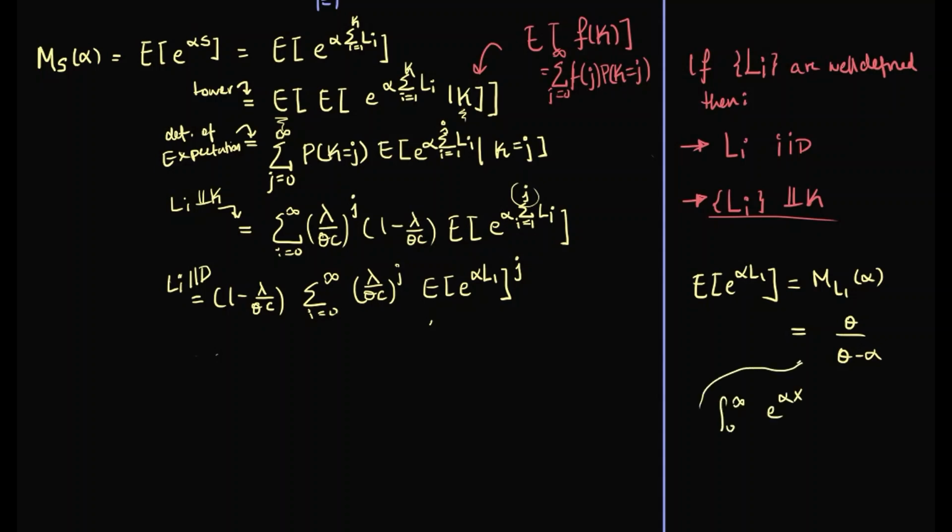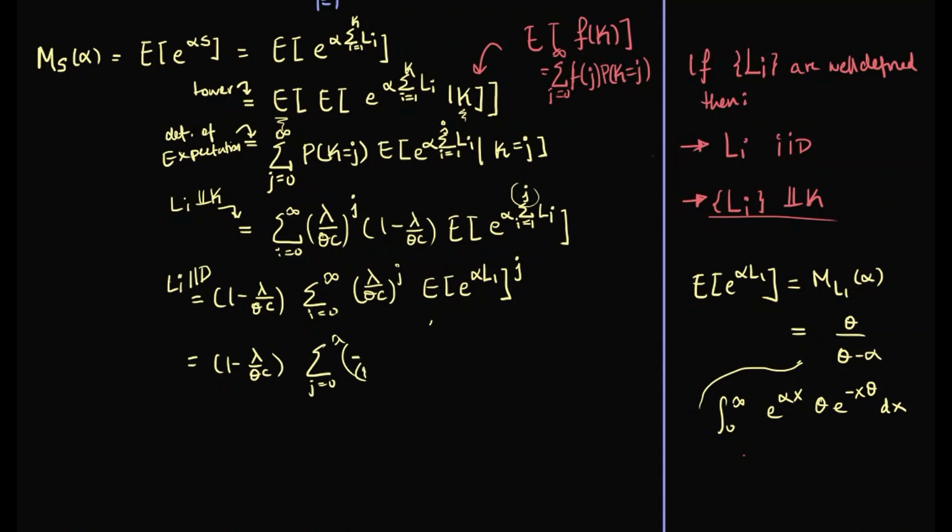If you don't have it memorized and you don't have access to Google, then you may calculate this moment generating function as the integral of e to the alpha x multiplied by the density of L1, which is given as such. Now that we have an expression for the moment generating function, let us plug that in and try to calculate.